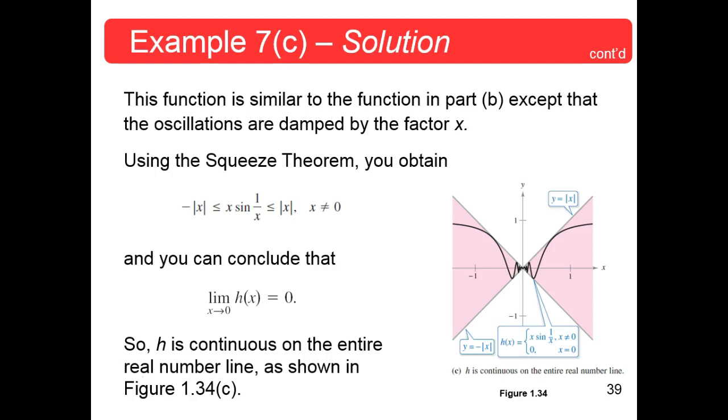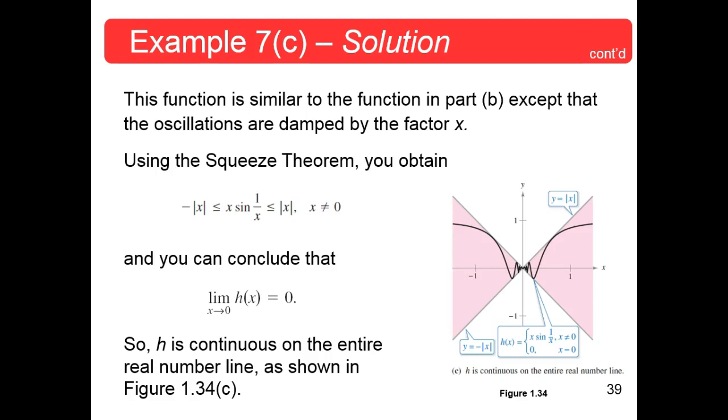Because you had this x in here, for any x less than 0, it's a strange way to put it, but this would be minus the absolute value of x. That guarantees it's negative. And this function here is also less than or equal to, and this is always less than that, because you see sine 1 over x, as long as x is not 0, is between plus or minus 1, okay?